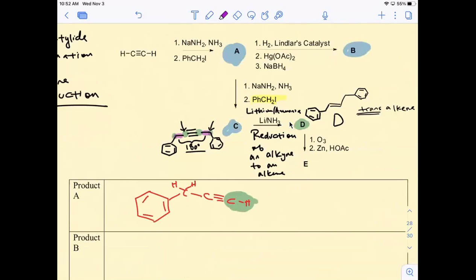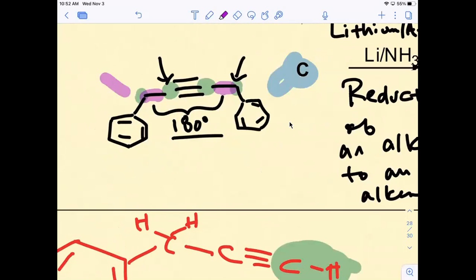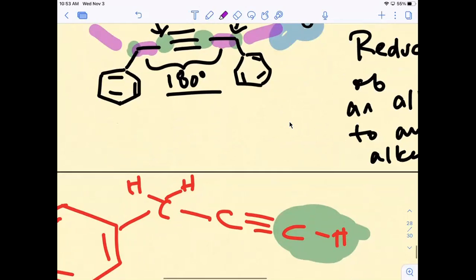That's a good question, though, and I know why you asked it, because the two groups are kind of hanging down on the same side, but that's because they're on these carbons out here. They're not actually on the triple bond itself. If they were on the triple bond, it would look just like this. It would be straight because the bond angle is 180.